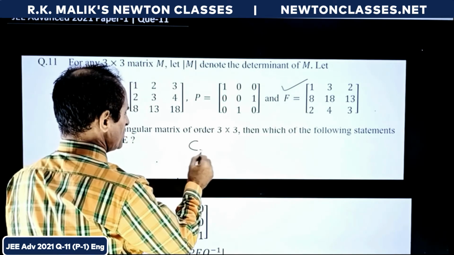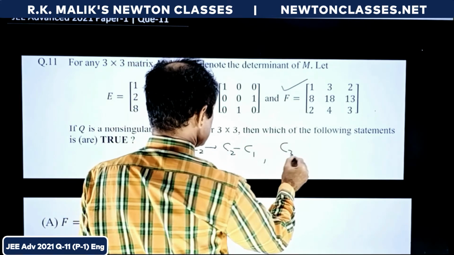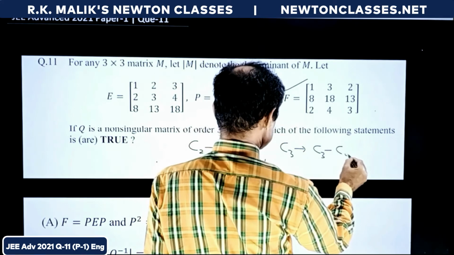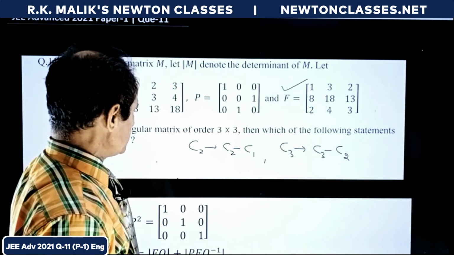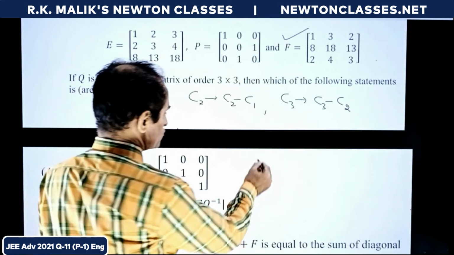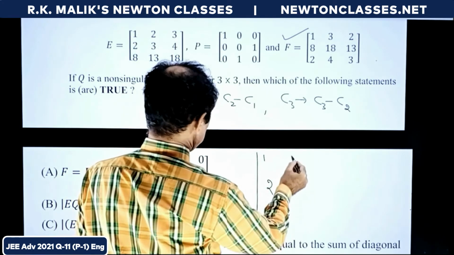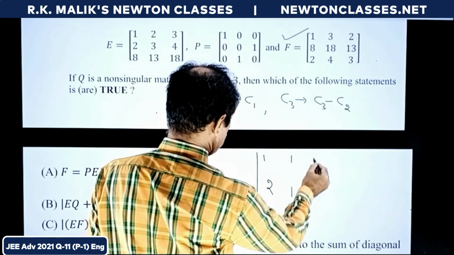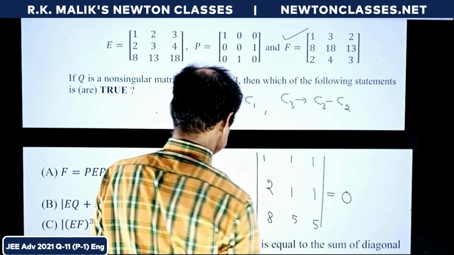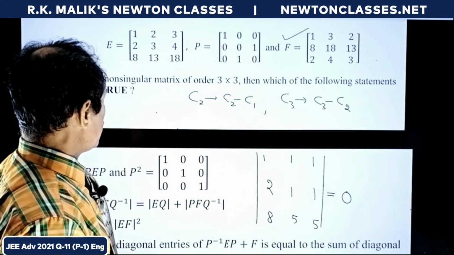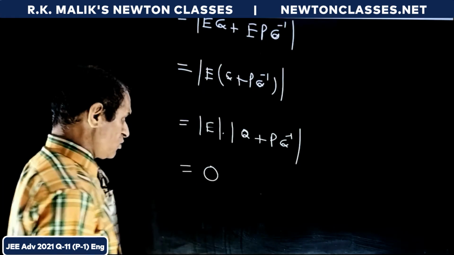Hence, if I use the operation C2 changes to C2 minus C1 and C3 changes to C3 minus C2 on the corresponding determinant, I will get the answer as 1, 2, 8, 1, 1, 5 and 1, 1, 5 again, and hence the answer will be 0. Therefore, determinant of E is clearly 0. Hence, I get the answer 0.